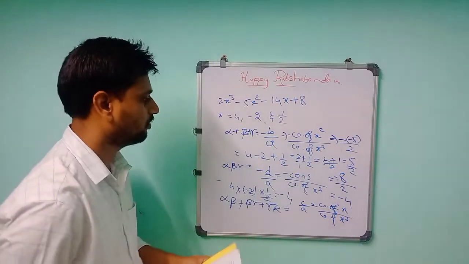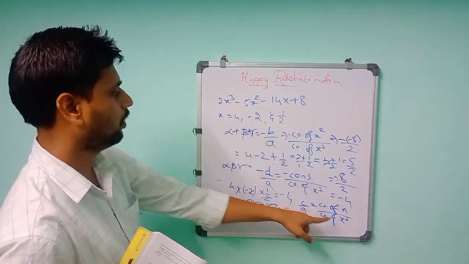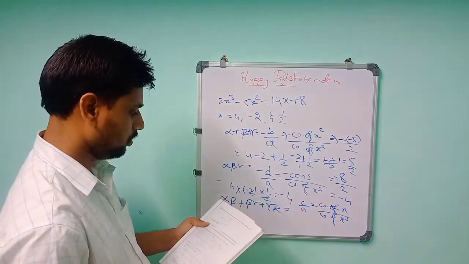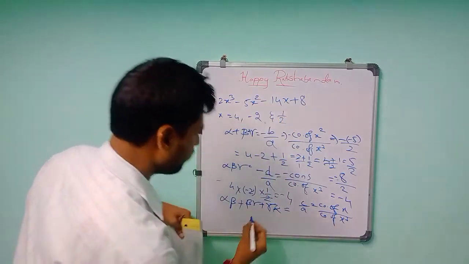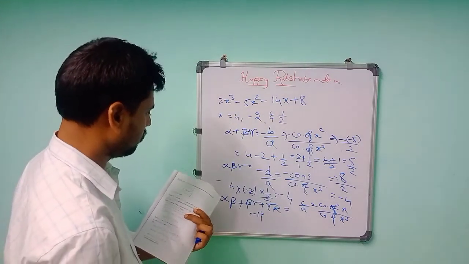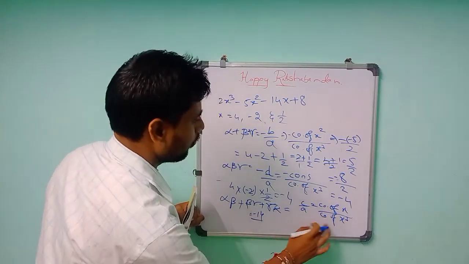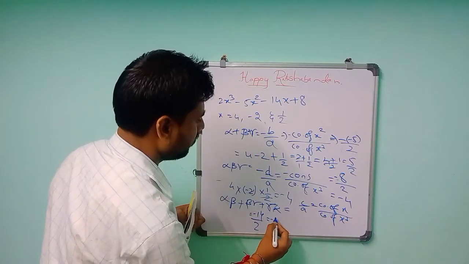Here the coefficient of x is minus 14, divided by the coefficient of x cube, which is 2. It will become minus 7.